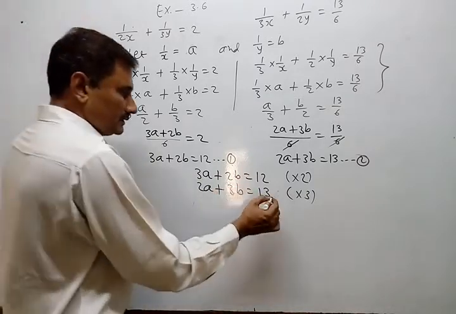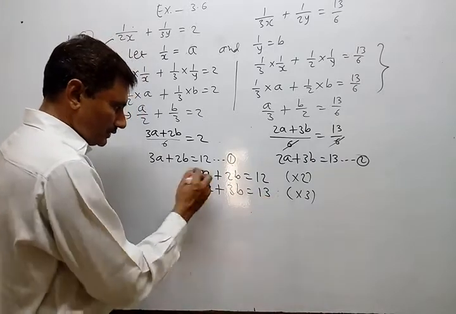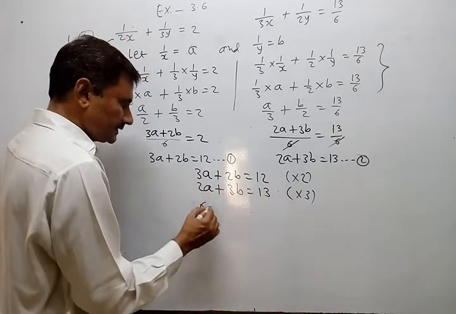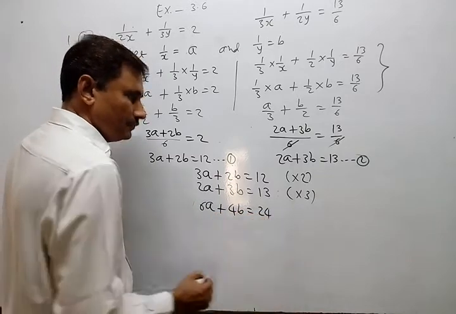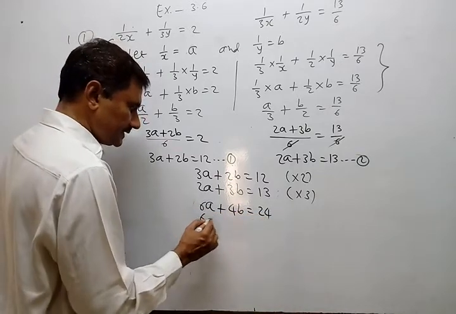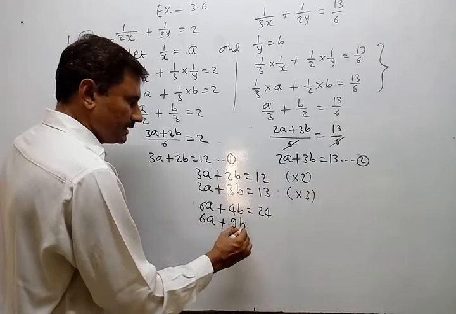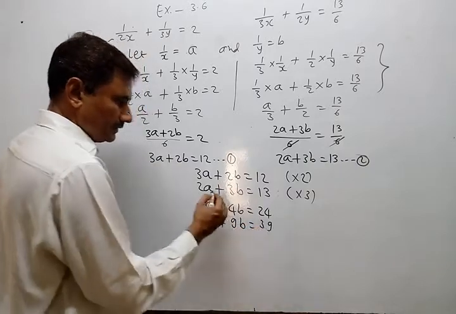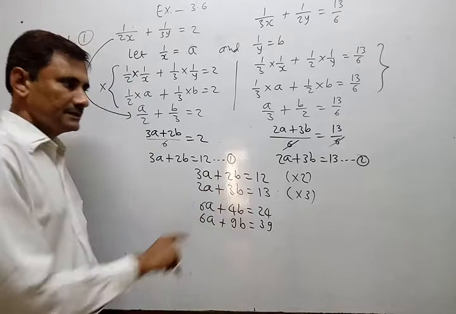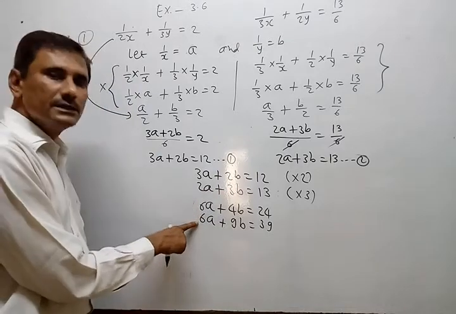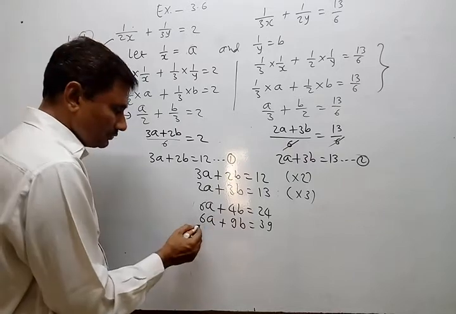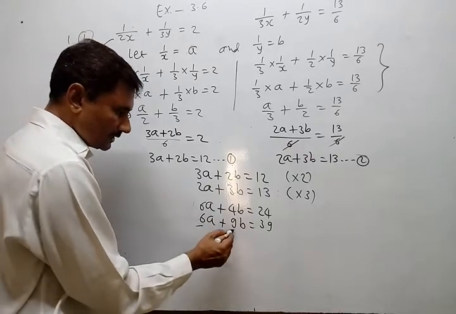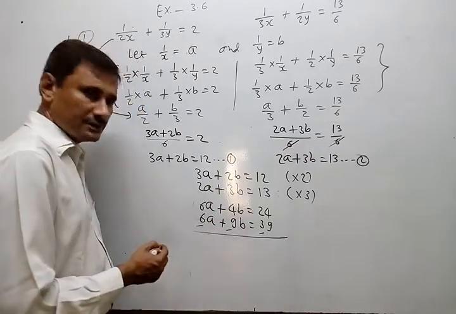So now the new equations become 6a plus 4b equal to 24 and 6a plus 9b equal to 39. The first is multiplied thrice, the second twice. Why? We want to get the coefficient of a equal to eliminate a. Now, the signs are not opposite, so make them opposite by subtracting the equations.